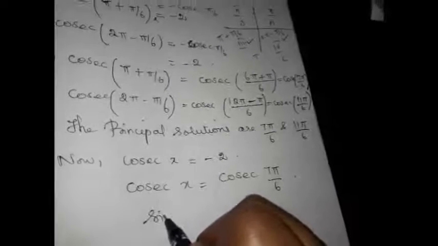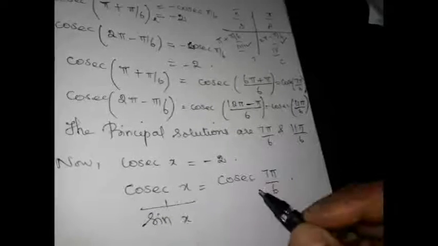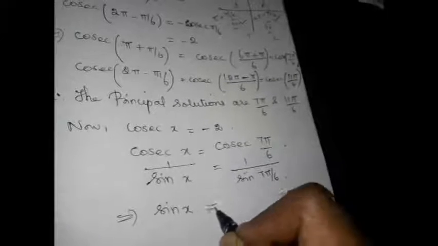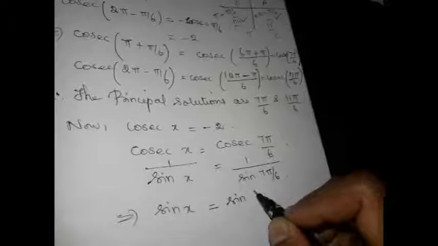Now cosec x is nothing but 1 by sin x, and this is 1 by sin 7 pi by 6. So this implies sin x equal to sin 7 pi by 6. Now this is of the format sin x equal to sin y, right?